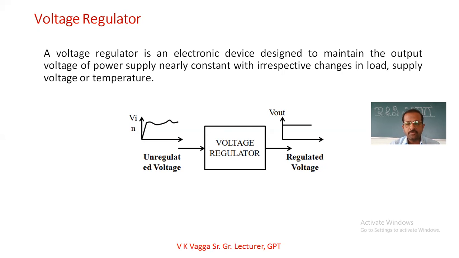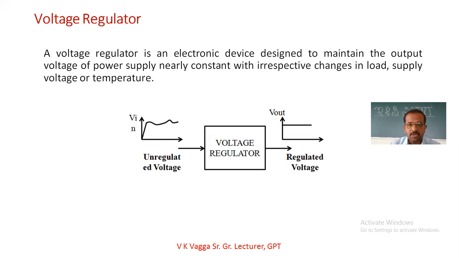The output of the filter acts as an unregulated voltage and is given as the input to the voltage regulator, and the output of the voltage regulator is constant, irrespective of variations of the load, the input voltage or the temperature. In brief, the voltage regulator gives you a constant DC voltage.